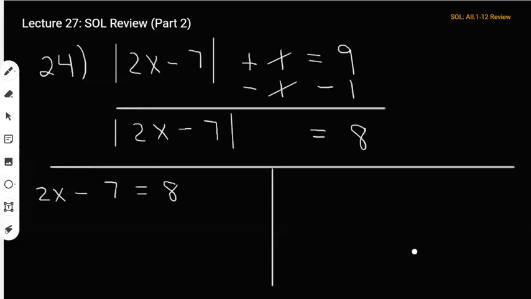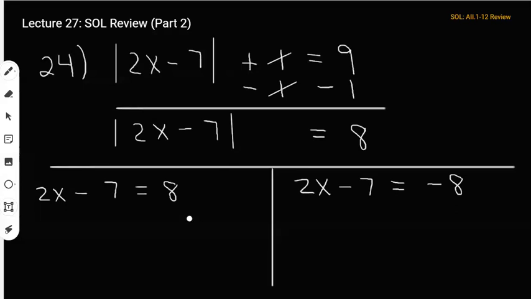Nothing changes really. The next thing that I can do is take this out, but I can change the sign on the 8. So instead of having a positive 8, I'm going to have a negative 8. So these are my two equations that I need to solve.